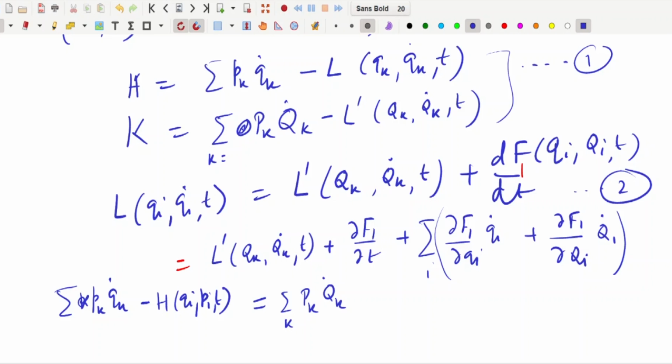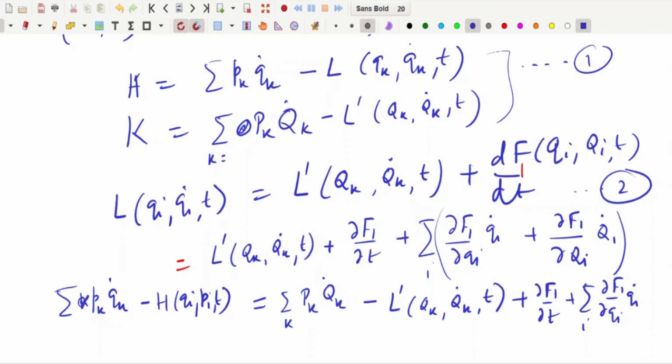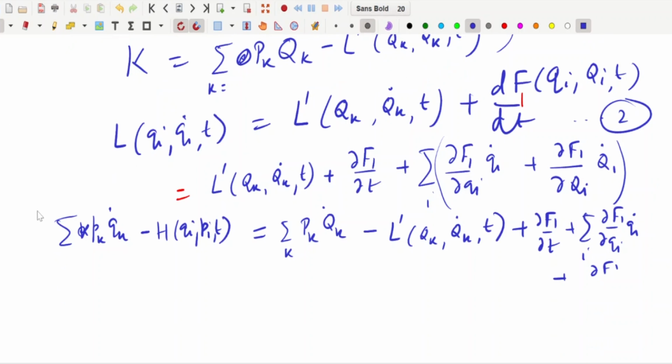So this minus K, and then you have del F1 del t plus the sum over i of del F1 del qi times qi dot, plus del F1 del Qi times Qi dot.